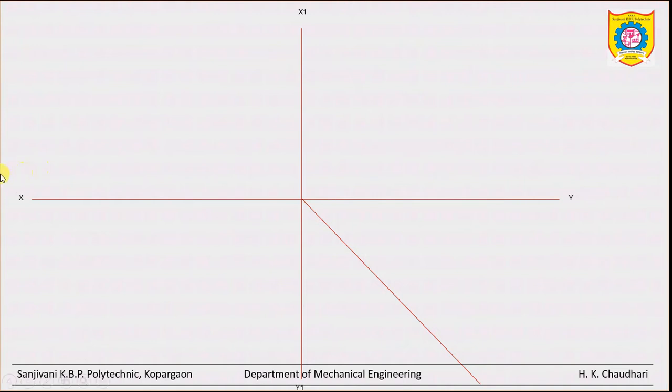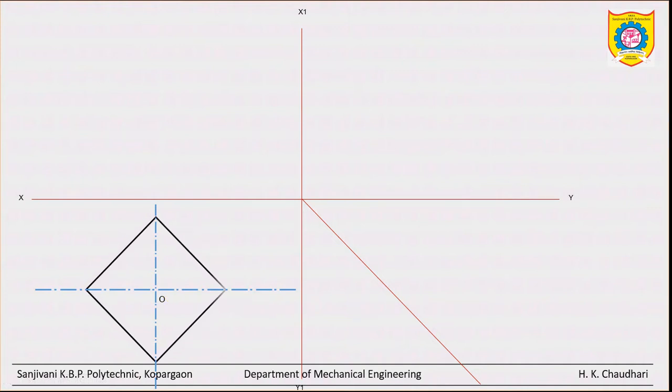Now draw the top view first, the top view of the prism. So as usual, draw these diagonals and taking this O as a center, complete the square of side 50 mm.